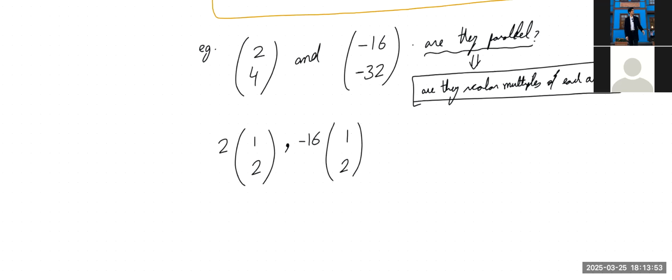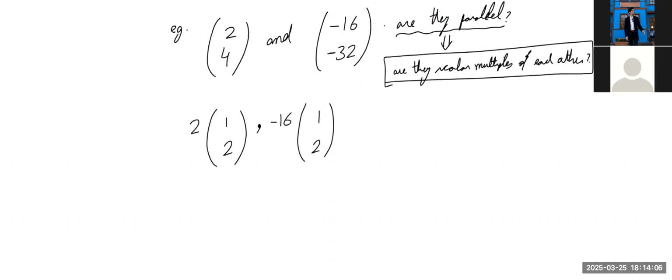What does minus 16 mean, by the way? What do you think? Like 16, I know what that means. If you multiply a vector by 16, you make it longer by 16 times. But what does minus 16 do? Um, it just subtracts it or no. So, if you take 1, 2, that looks like this. So 2 times 1, 2 would just be double that long.